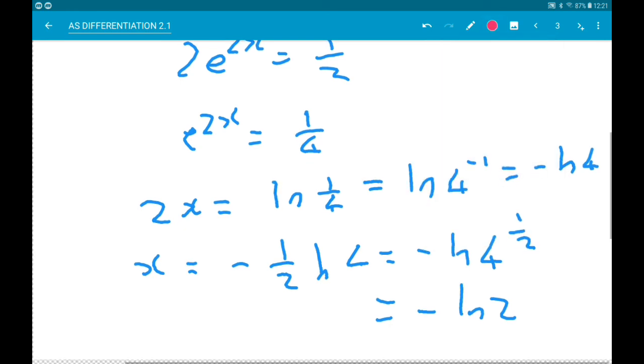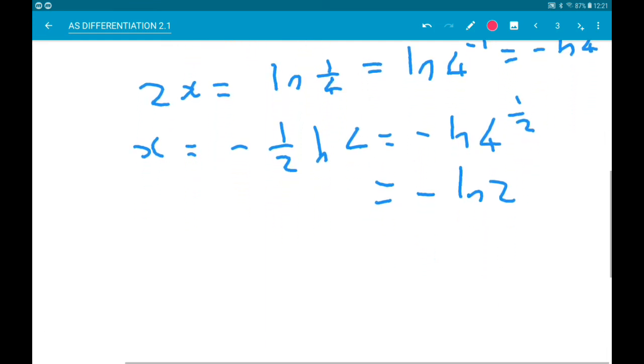Now to find the y coordinate, we sub that into the original equation. So y is e to the 2x, so it's now e to the minus 2 ln 2.